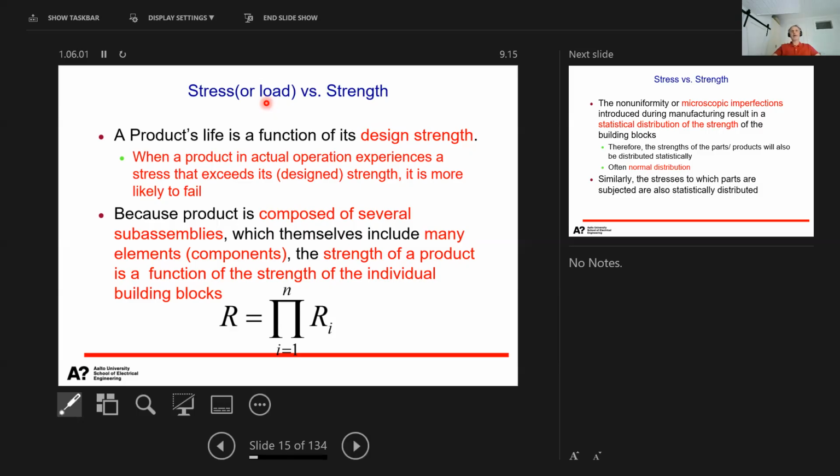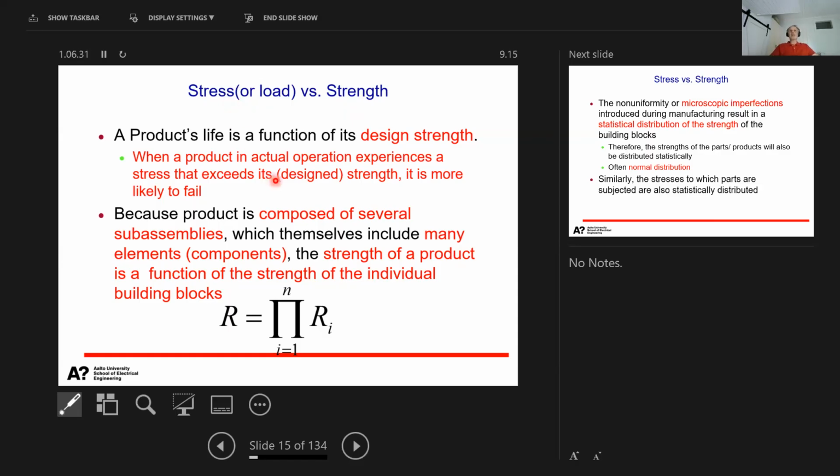It can be whatever load, and how high or low that load is, that is our stress. So for example, what is the maximum temperature or maximum humidity or maximum bending radius or whatever. And then we have a certain strength. So how much the product, material or device or whatever can withstand this specific stress or load.